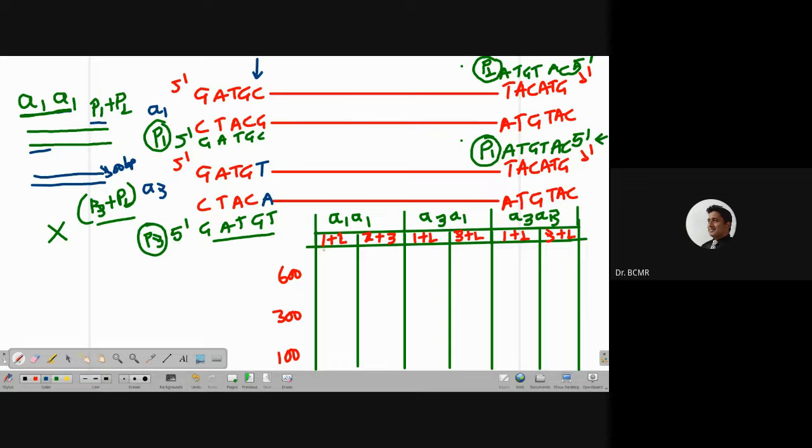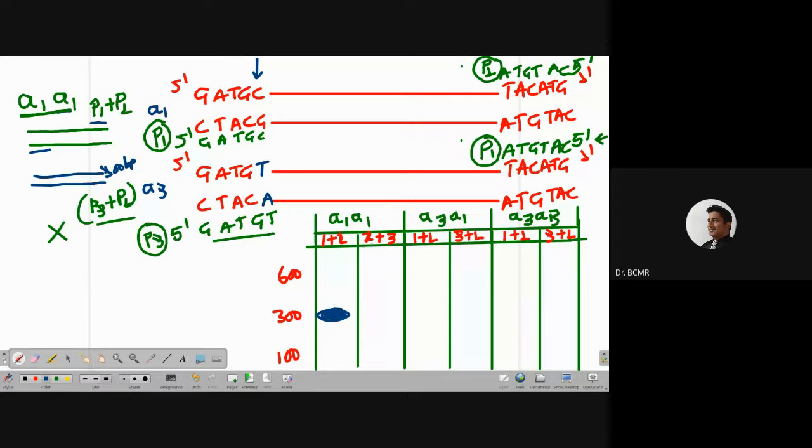Will P1 and P2 bind to A1? This is A1, I hope you can see it. P1 is this, and P2 is this. They will bind, and the PCR product will form. And we said it will be about 300 bases. So yes, there will be a band at 300.